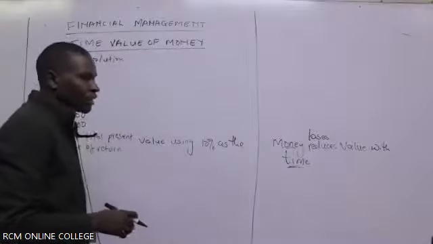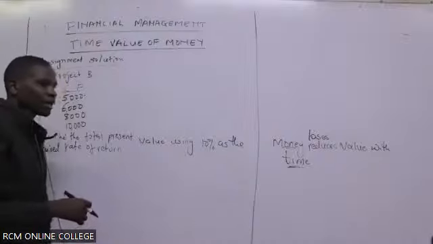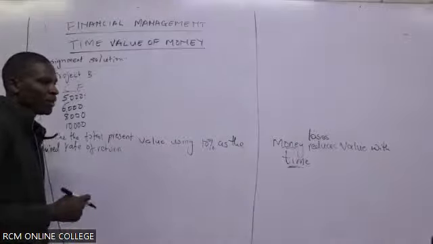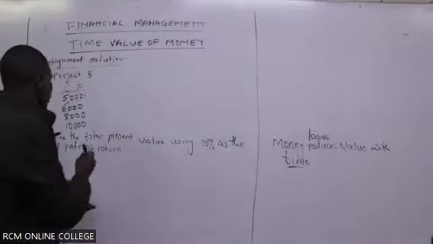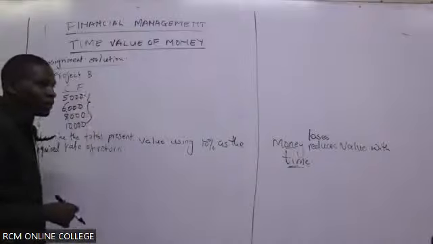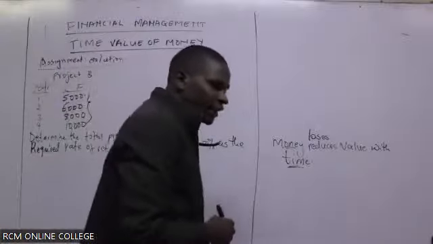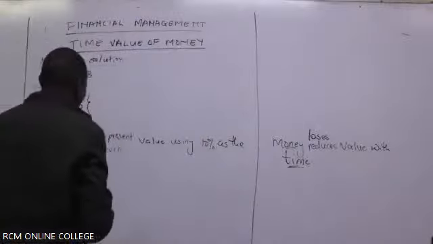You first of all determine the type of cash flow. Irregular, exactly. These are irregular cash flow.